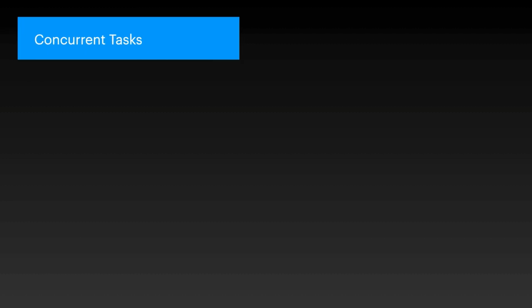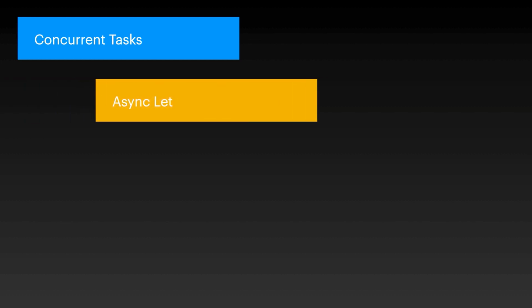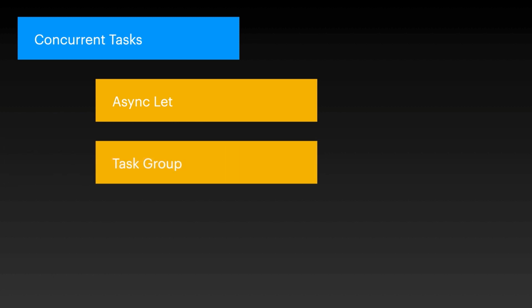In this module, you'll be learning about how to create concurrent tasks. You will learn how to create concurrent tasks using many different techniques, including async let syntax and also task group.